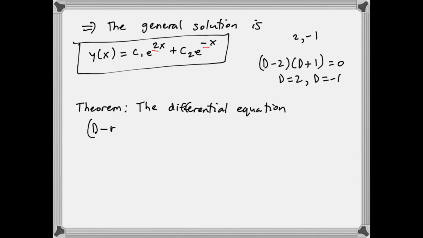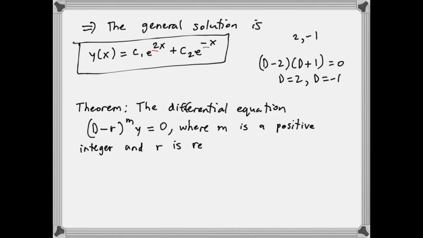Let's write it like this: (D - r)^m applied to y = 0, where m is a positive integer, and r is real or complex.